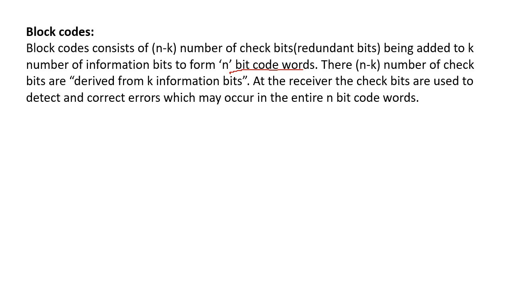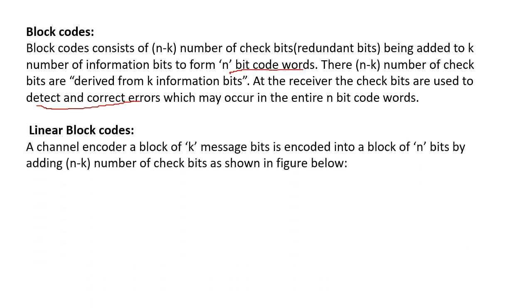At the receiver, the check bits are used to detect and correct the errors which may occur in the entire n-bit code word. In a linear block code, a channel encoder encodes a block of k message bits into a block of n bits by adding n minus k check bits, as shown in the figure.